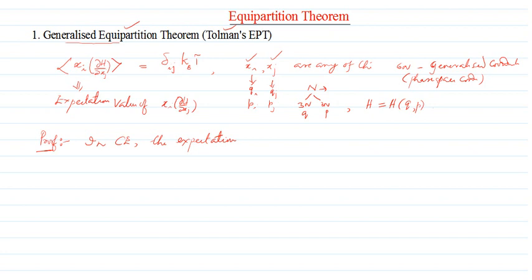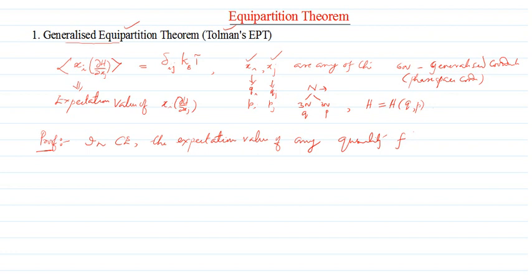In an ensemble, the average that we depend on is known as the ensemble average, which is mathematically equal to the expectation value of the quantity.